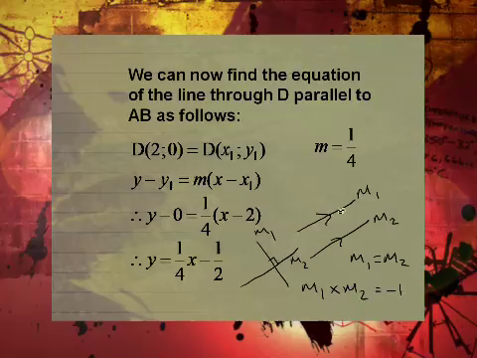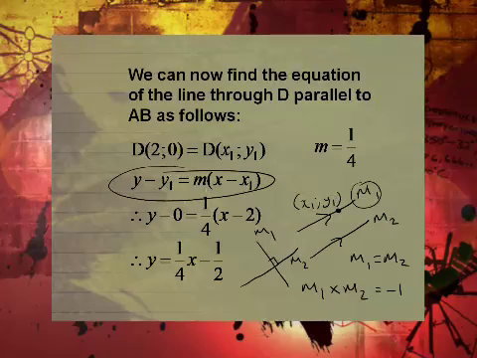And remember, if you want an equation and you've got the gradient, you need a point on the line, which we call x1, y1. And this is the equation of the line that we're going to use. You could also use y = mx + c, but I prefer to use that one.